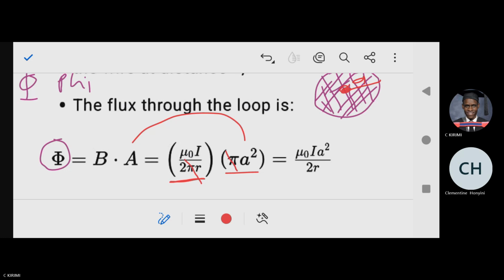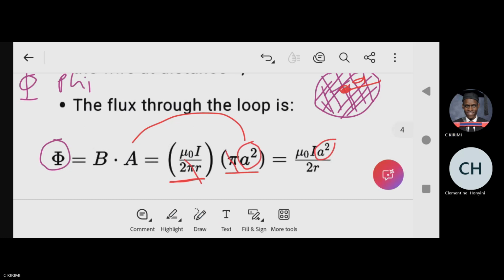And then to this equation, I'm just multiplying by a squared. So that is our symbol for flux, which is the magnetic field multiplied by the area of the loop.